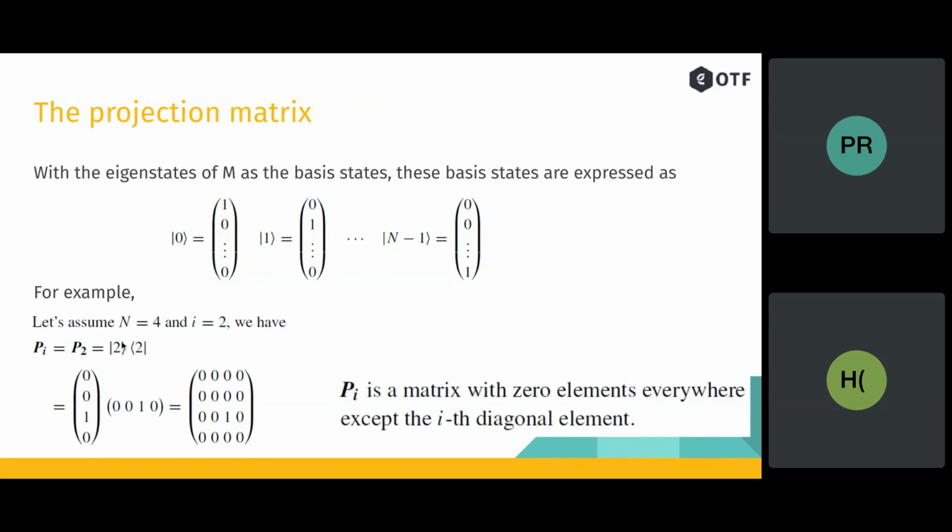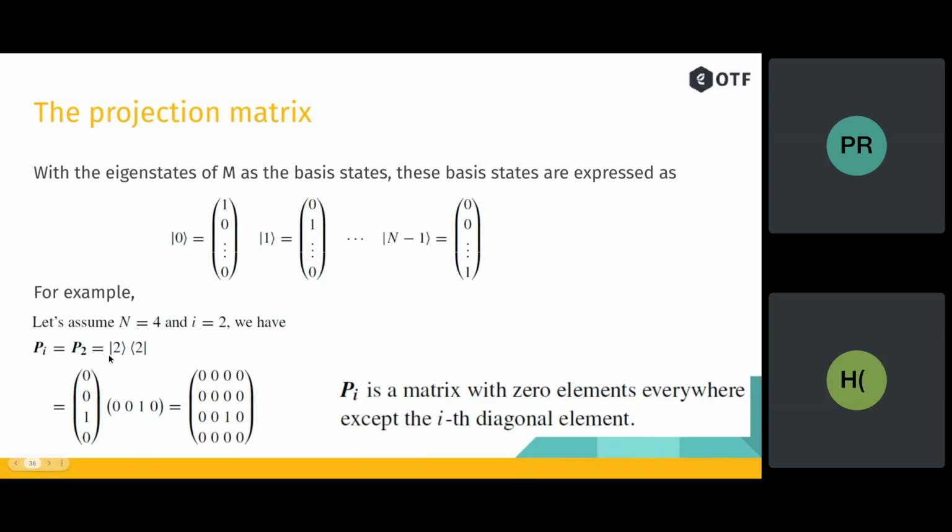So if n is equal to 4, then you are going to get 4 basis states, and those are 0, 1, 2, 3. If I want to say what is 2, for n equal to 4 and i equal to 2, you are going to get P2, because i is 2.